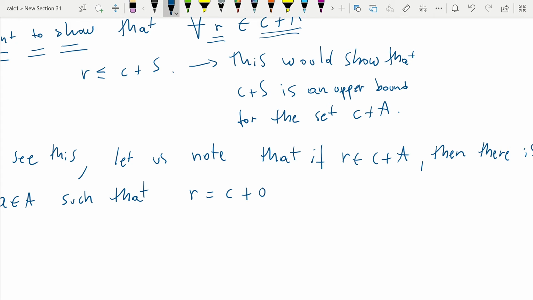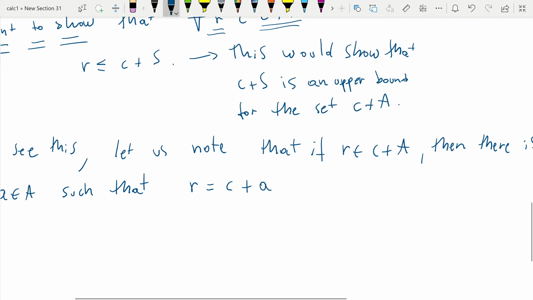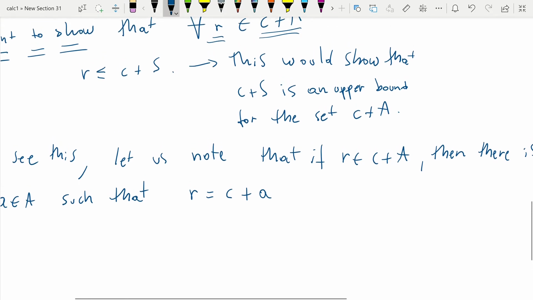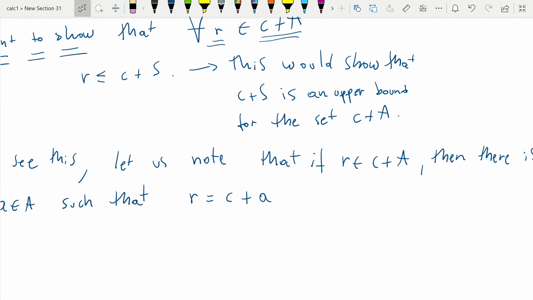Why? Well, we know that any element in C plus A is of the form C plus some lowercase a, where a belongs to A.